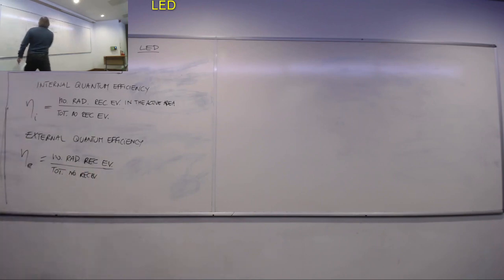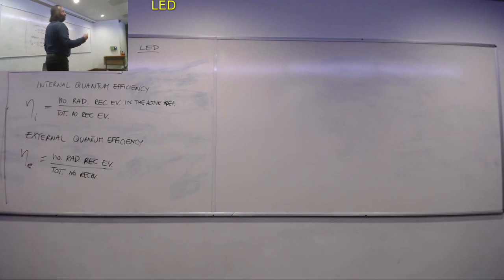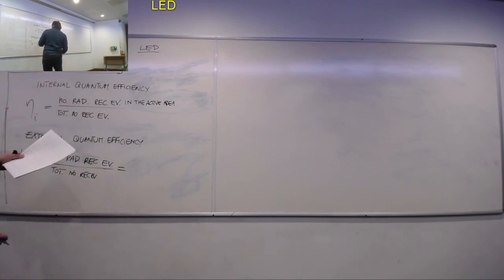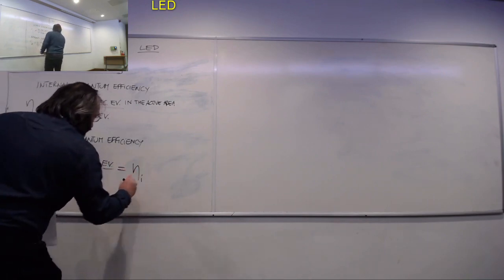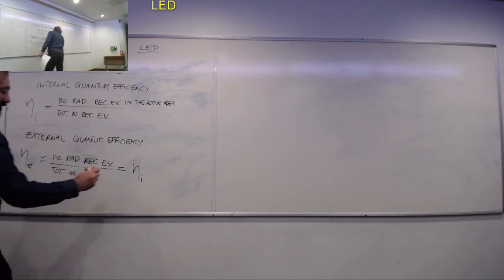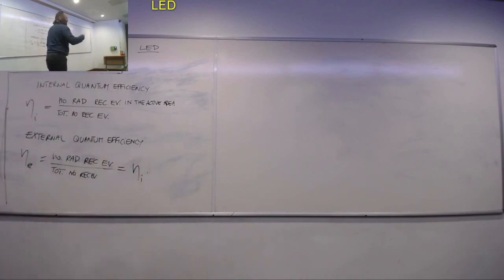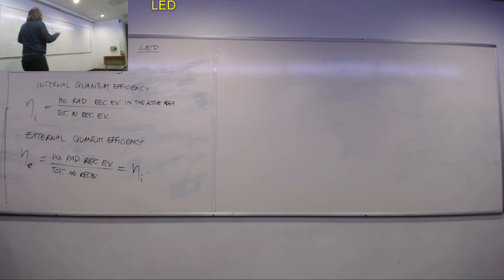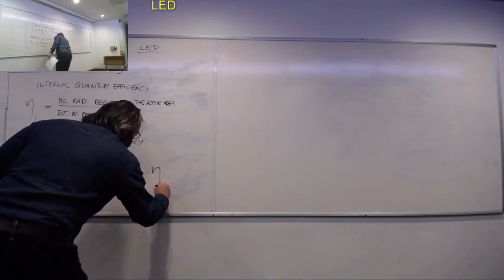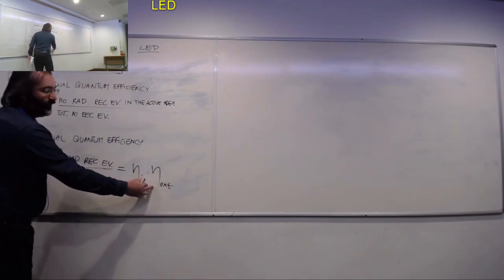So what this does, as I said, is contemplate the fact that not all photons will escape from the point where they are generated inside the semiconductor. And so we can write this as the internal quantum efficiency multiplied by a fraction that represents the photons that are extracted.